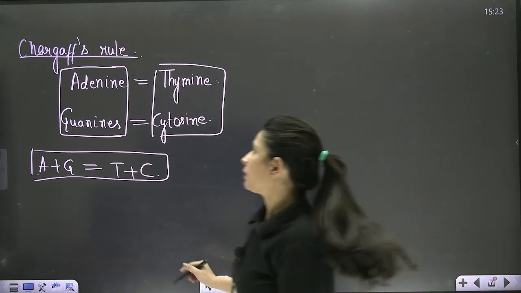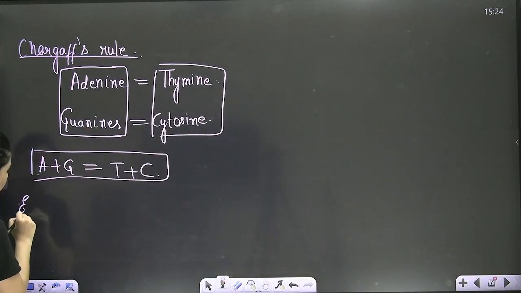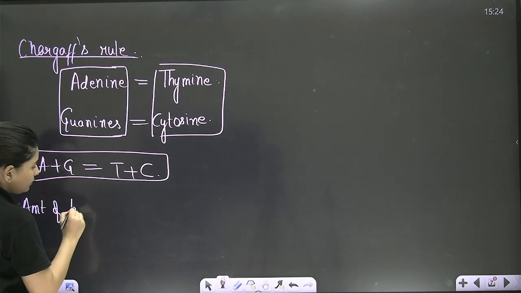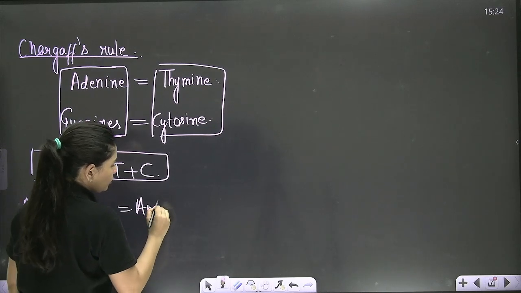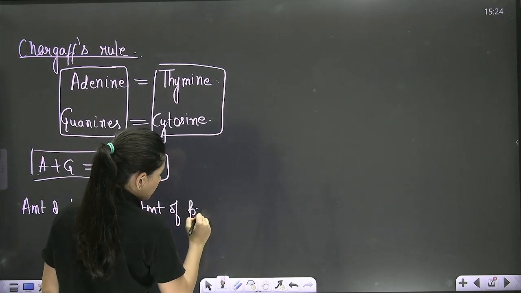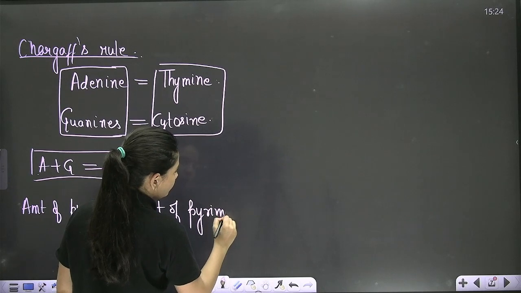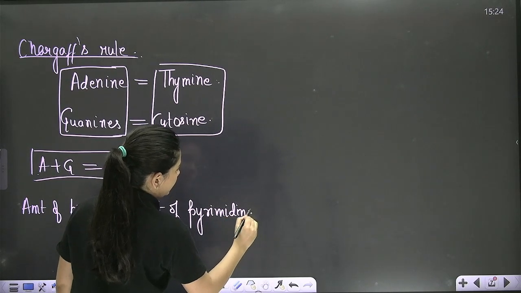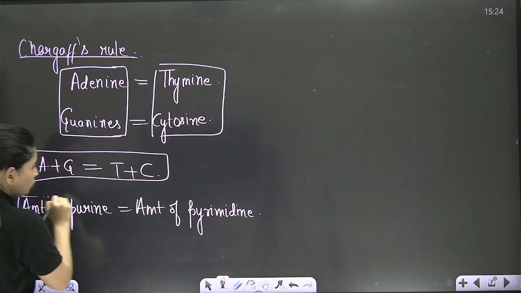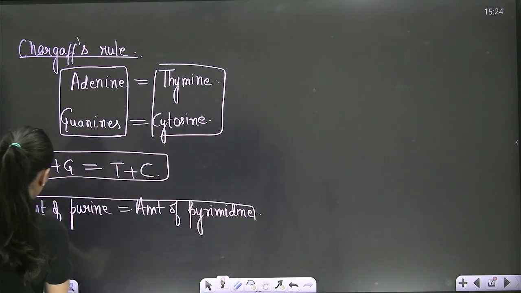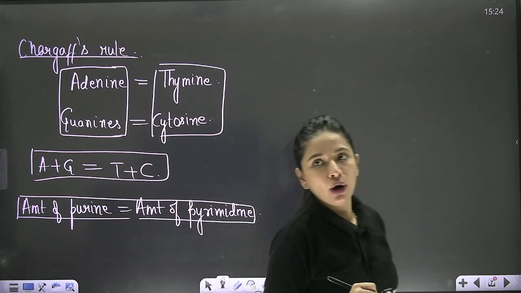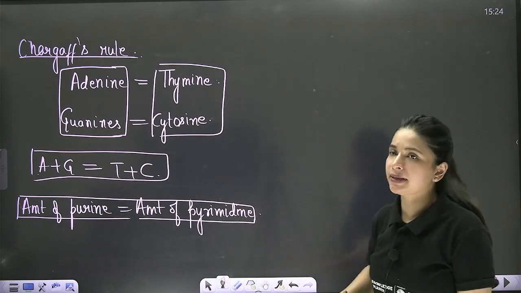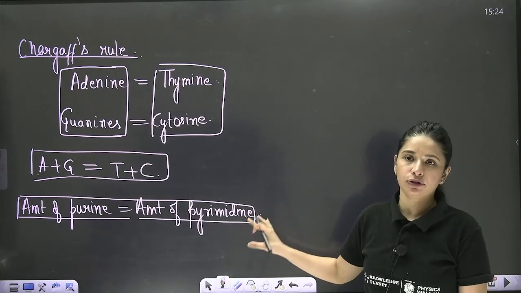In short, you can write according to Chargaff's rule, the amount of purine is always equivalent to the amount of pyrimidine. So this is basically nothing but Chargaff's rule.